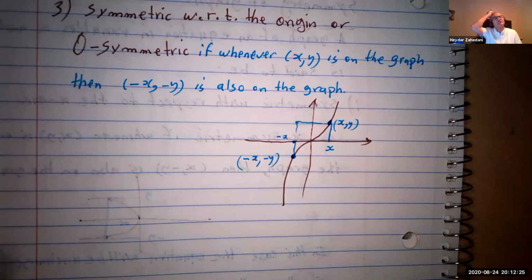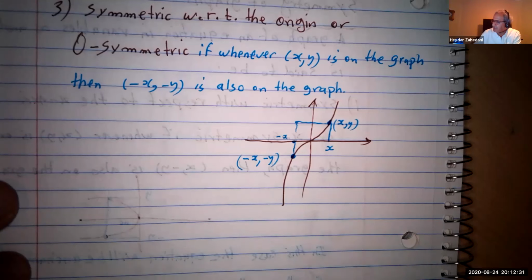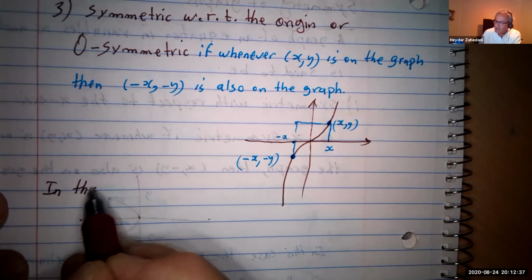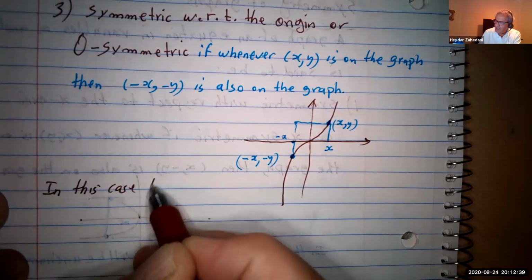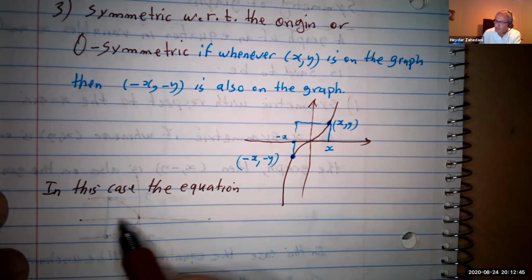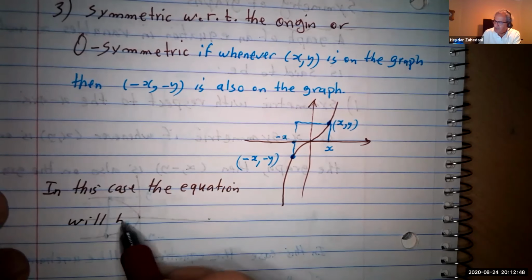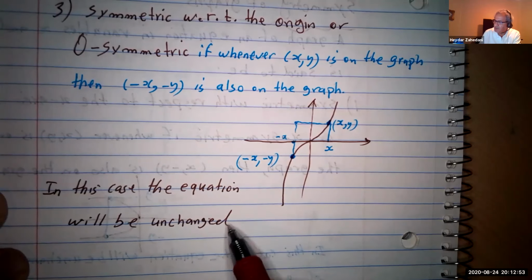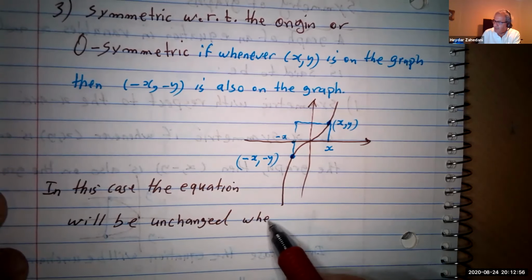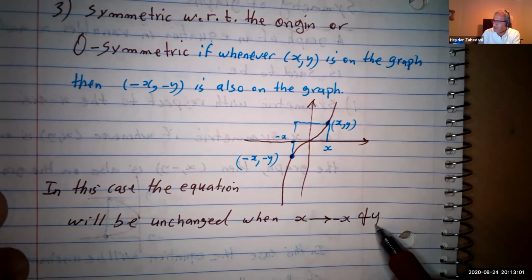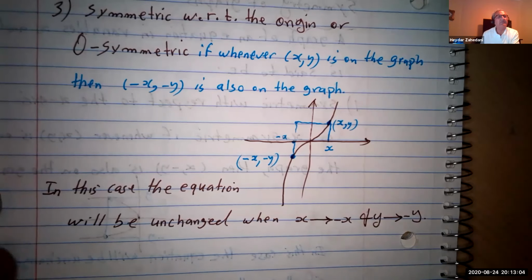In this case, we have to switch x to the negative x and y to the negative y. So the equation will be unchanged when x is replaced by negative x and y is replaced by negative y.